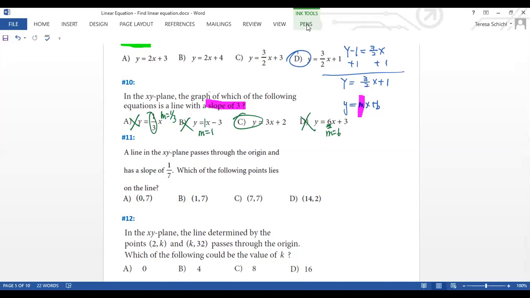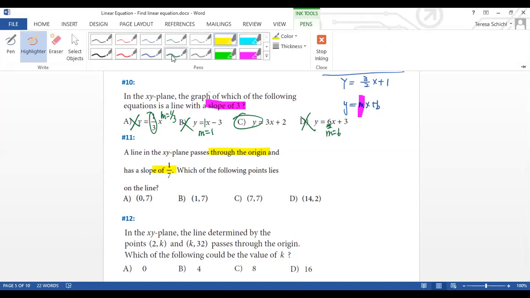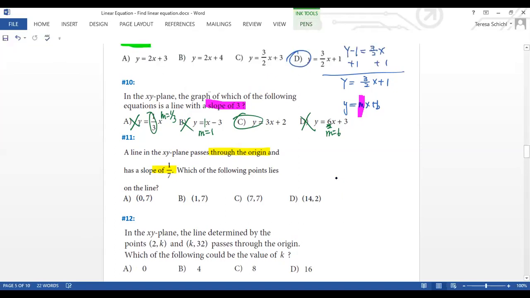Let's highlight the keywords they are telling us. A line in the XY plane, this line passes through the origin and has a slope of 1/7. Which of the following points lies on the line? This is very similar to what we did on problem number 8.